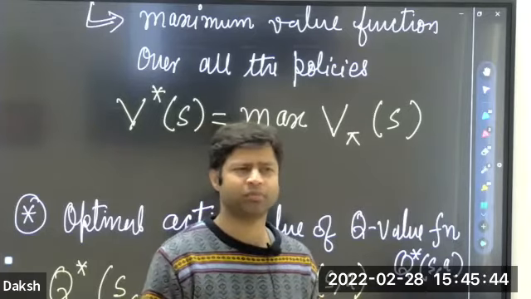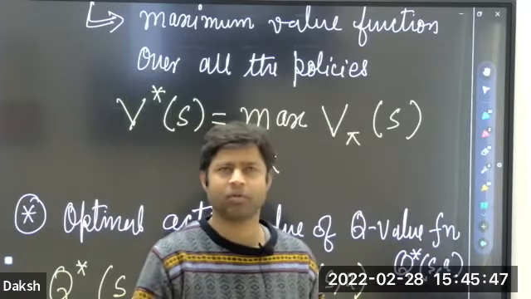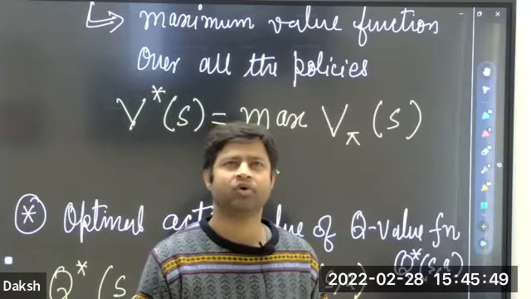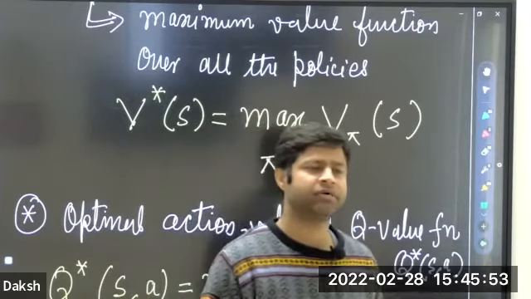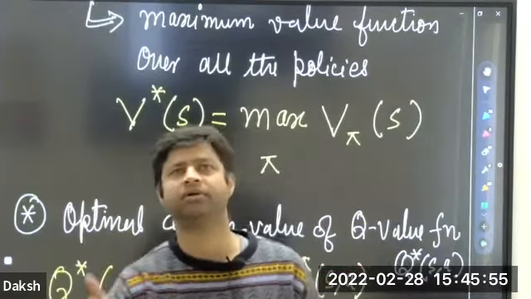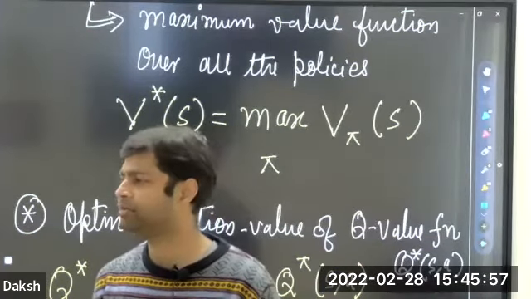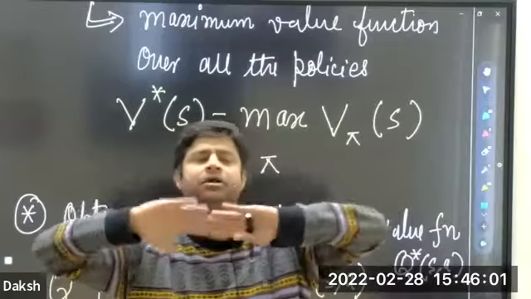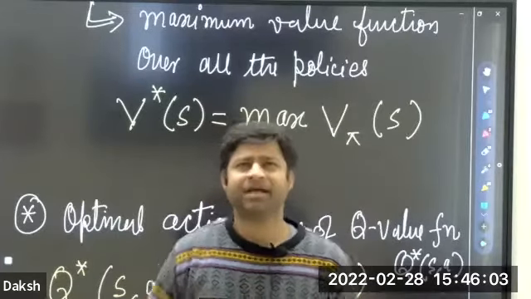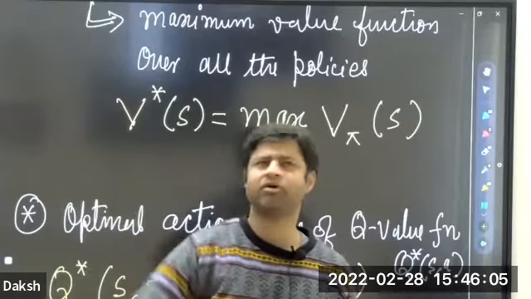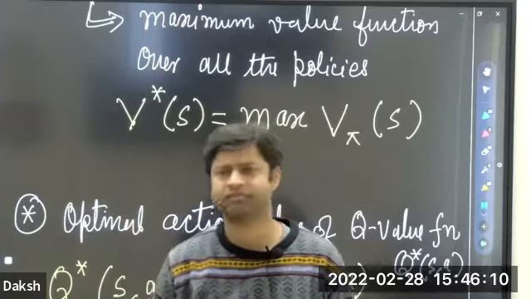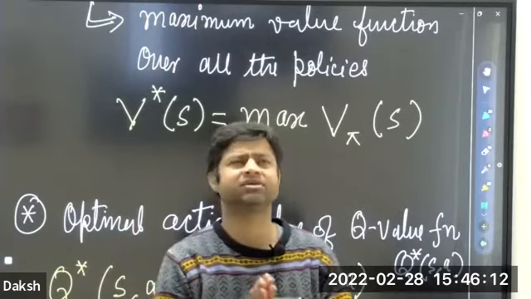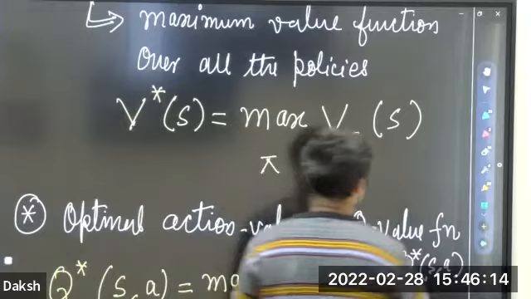You don't want to go to prison. There is no policy under which going into prison is going to be helpful. But still, you may define that during a freedom fight and so on, going into a prison may be a good state. But forget about that. I'm just giving you the analogy: take a state, and out of all pi's, whichever one gives the maximum value, that is what is going to be V asterisk S.